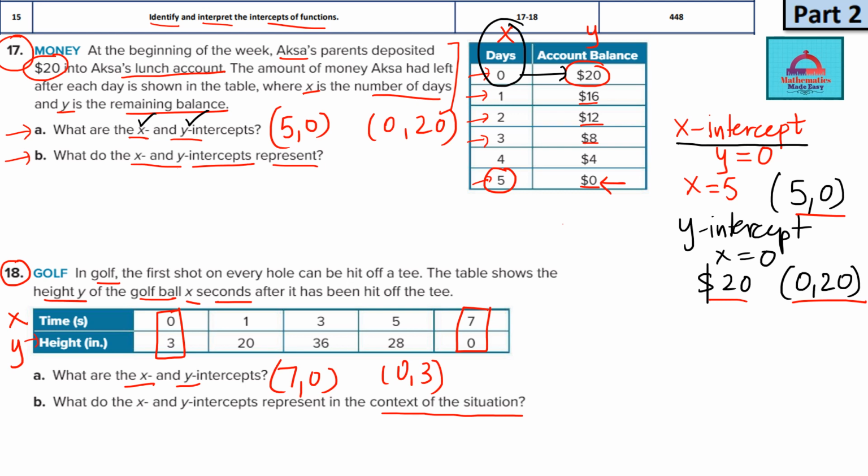In the beginning, when time is 0, what height is the golf ball? It is 3. So the y-intercept represents the height of the golf ball in the beginning when time is 0. And (7, 0) means this is the time at which the ball returns to height 0, the ground. So the x-intercept (7, 0) represents the time the ball takes to come back to the ground.